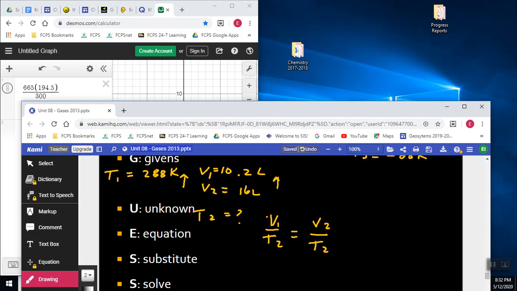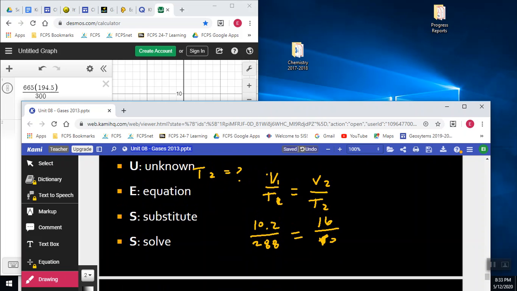I've got 10.2 liters at 288, and this volume and this temperature should go together. My new volume was 16, and I'm trying to find the new temperature.